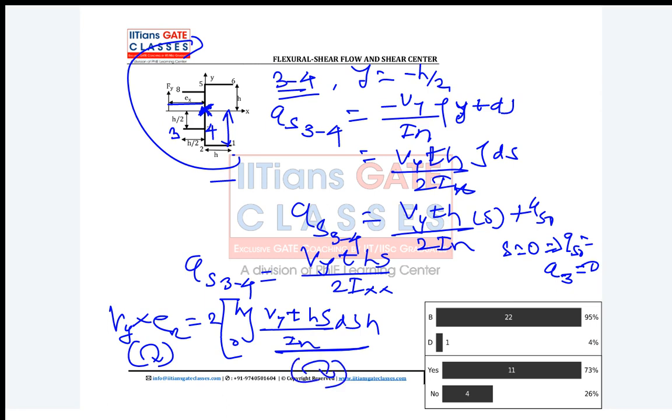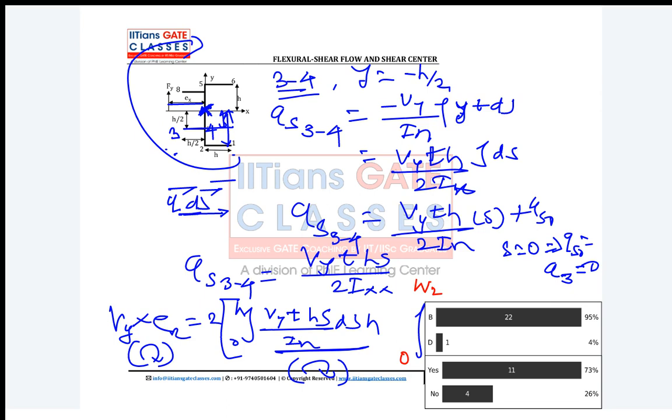Now for 3 to 4, when you go, my shear flow is going in this direction. Shear flow into ds is the force. What is the moment arm for 3 to 4? The length goes 0 to h by 2, and the moment arm is also h by 2.